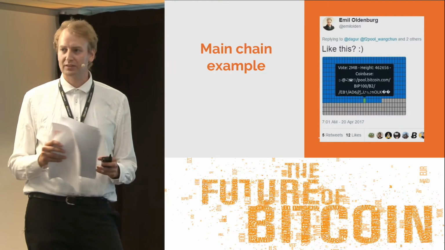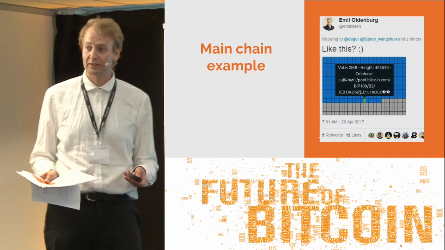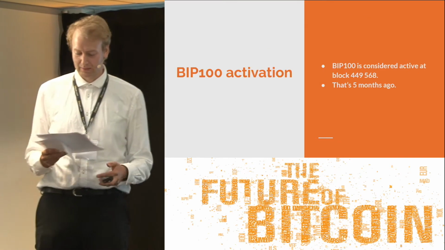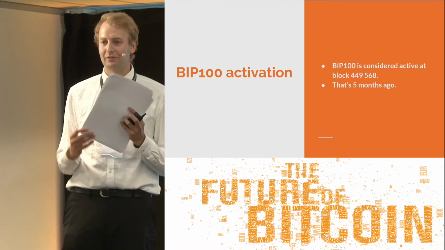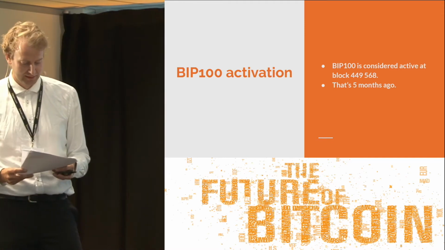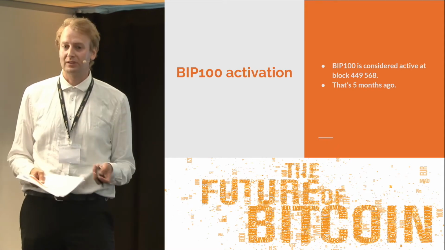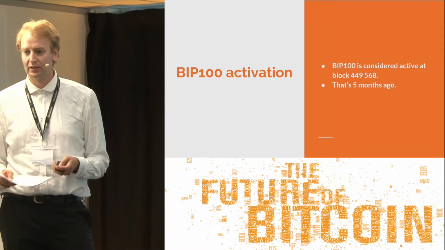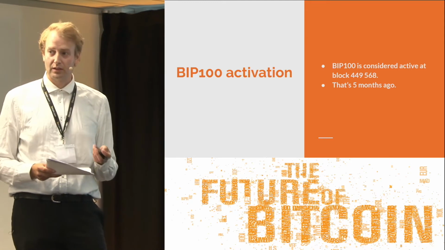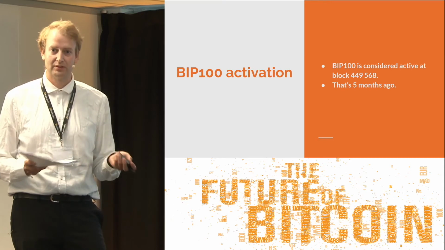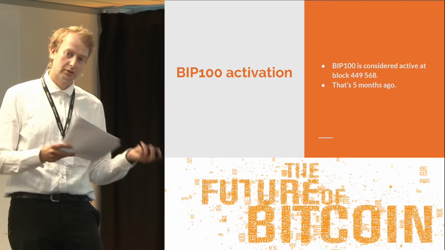So how does BIP100 activate on the network? It activated in the past, so it's already active. Activating in the past is possible because the default vote is keep current limit, and activating in the past makes the implementation easier because we don't have to test activation across reorgs.